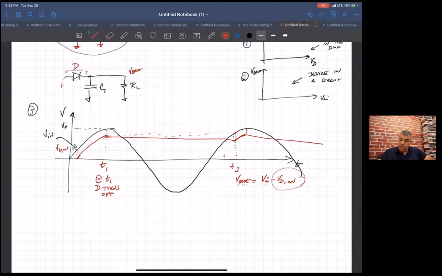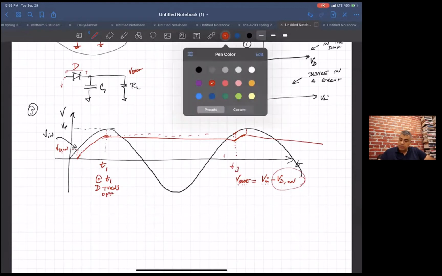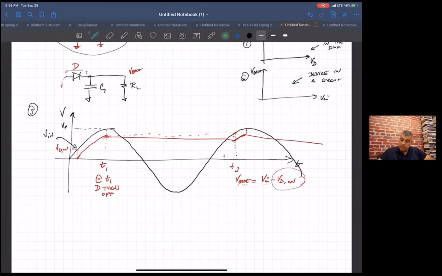So if you look at this region here, this looks like the diode is on, and we have our C1 and our load.